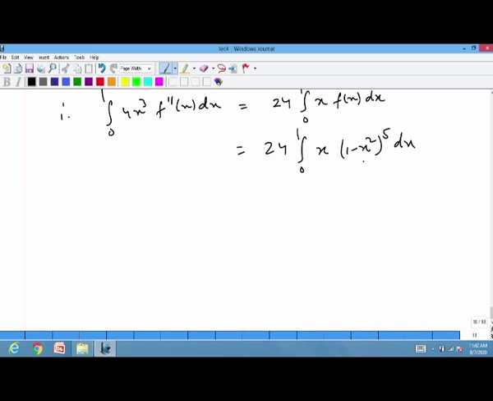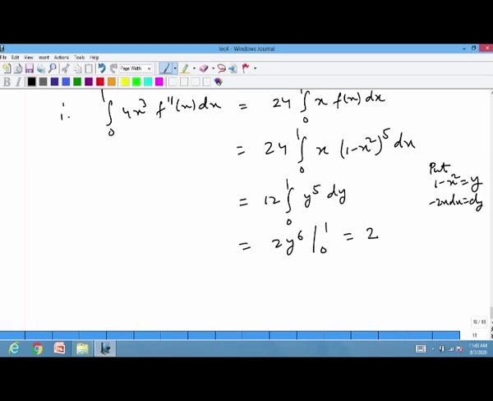Now, this can be easily integrated. If we put 1 minus x squared equal to y, then we get minus 2x dx is dy, and then this is nothing but 12 times the integral from 0 to 1 of y to the 5 dy, which is equal to 2y to the 6 from 0 to 1, and this is equal to 2.